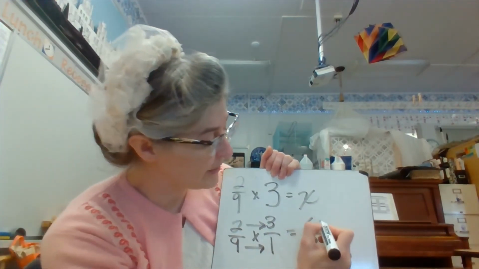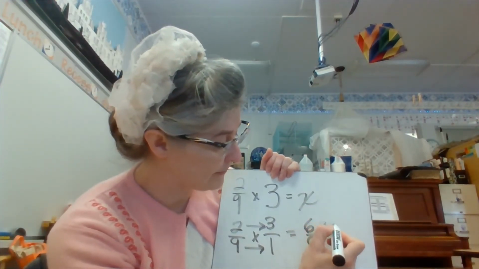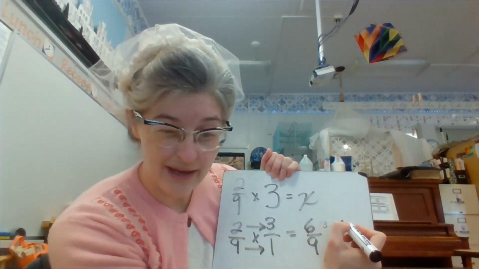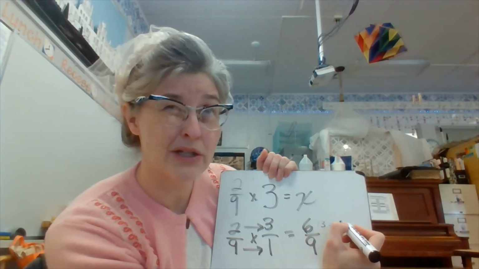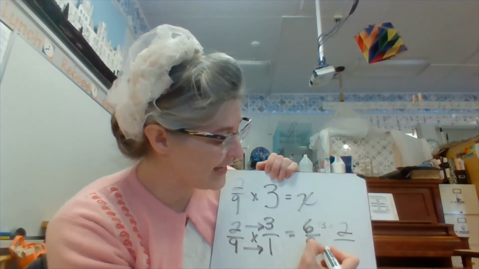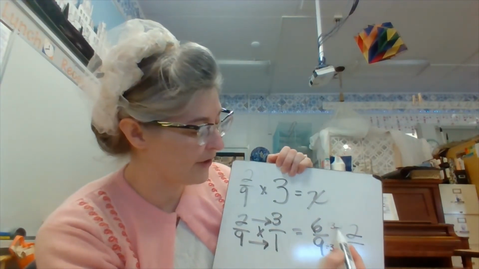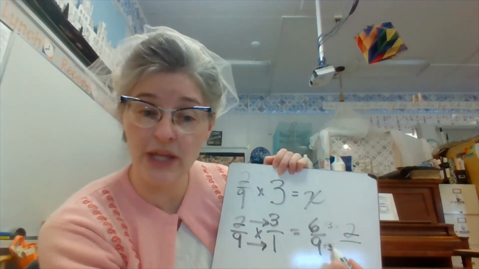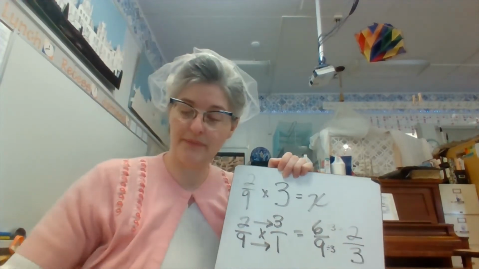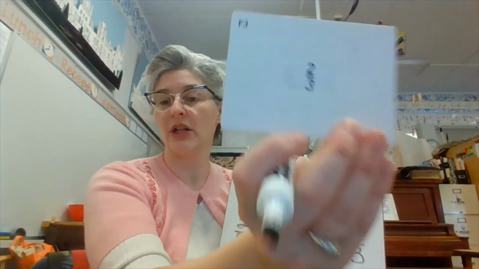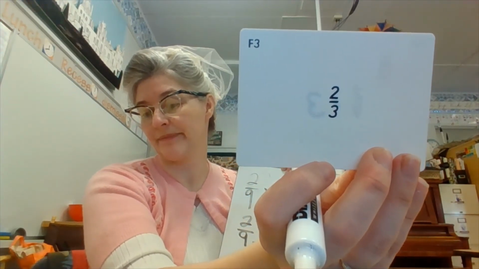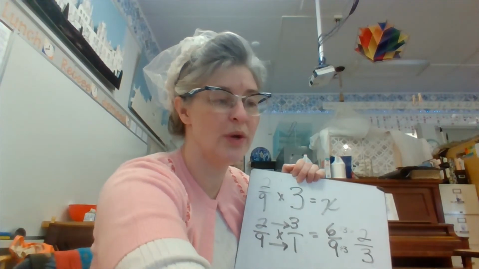If I divide the number 6 by 3, think about it, 6 divided into 3 groups, I'll get 2. And 9 divided by 3, because whatever I do to one, I have to do to the other, must keep them even. 9 divided by 3 is 3. So my final lowest term is going to be 2/3. Woohoo! Very nice.